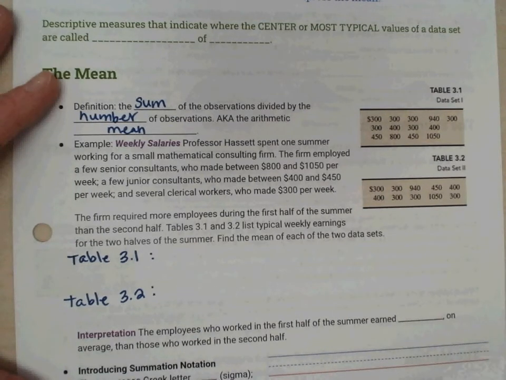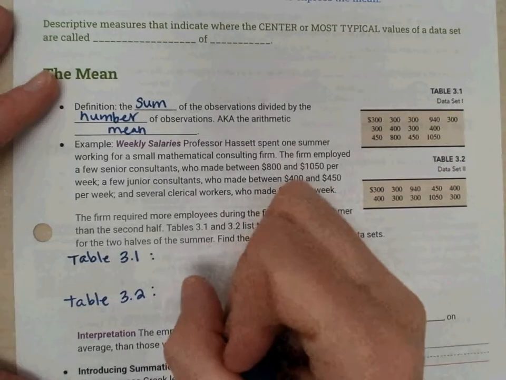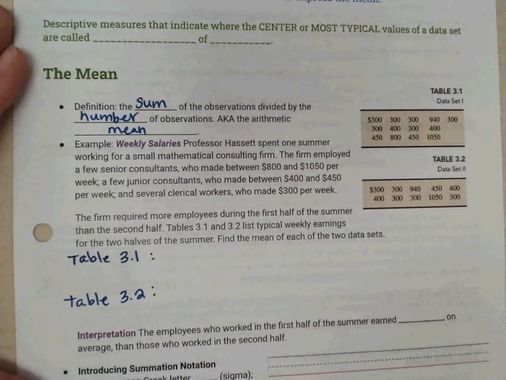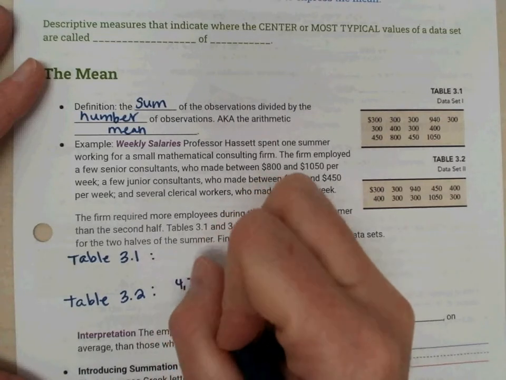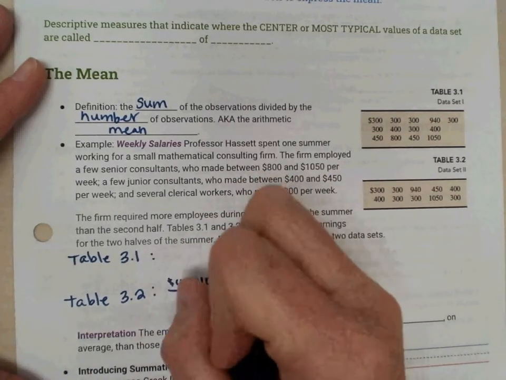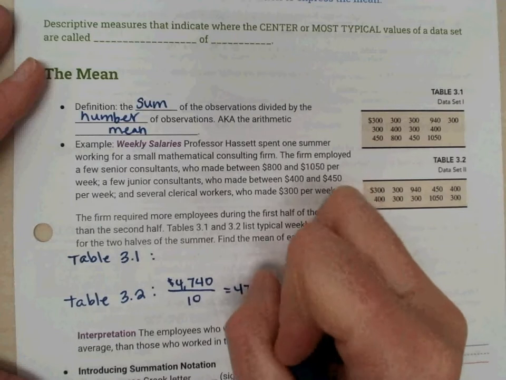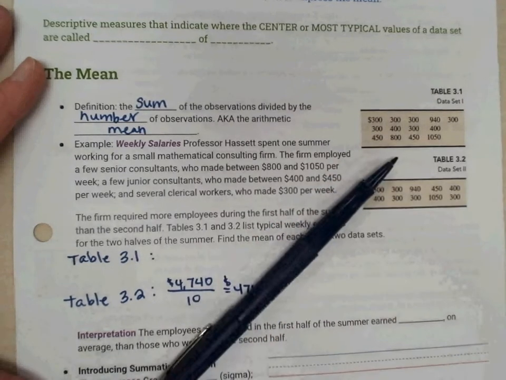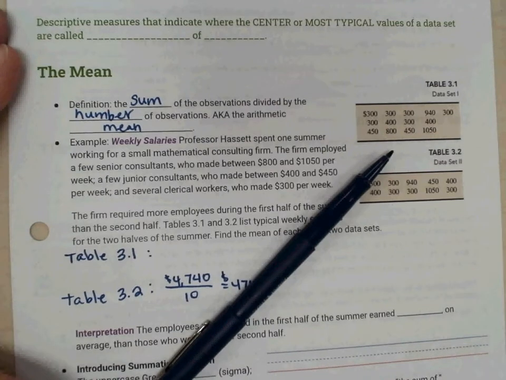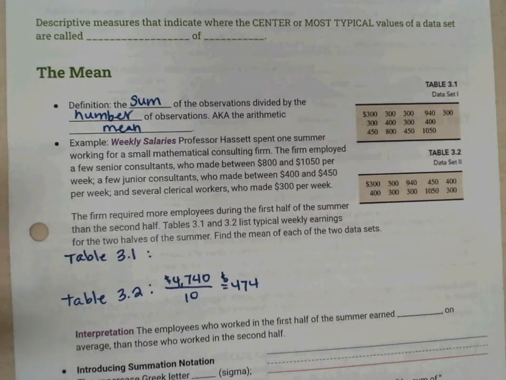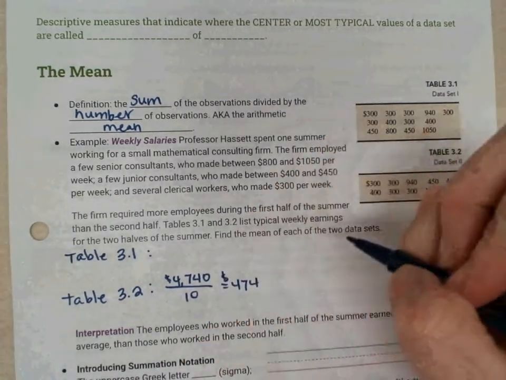Thank you. For table 3.2, Emma. 474, excellent. So that was 4,740 divided by 10 was 474. Teresa, for table 3.1, buzzing in. 483.